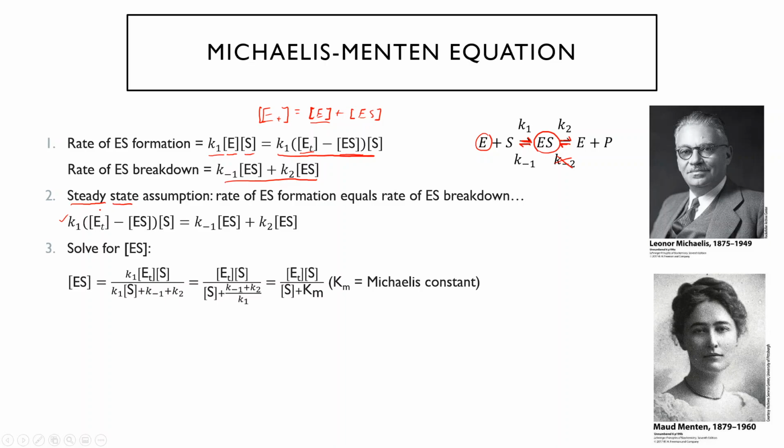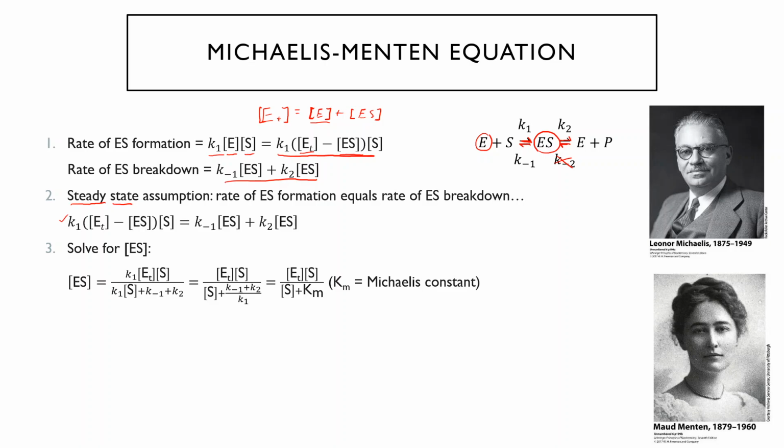Now, what we want to show is that the initial reaction rate, which we already know is a function of enzyme substrate concentration. The problem is that it's hard to measure the enzyme substrate complex, even though its concentration is constant during the initial reaction.